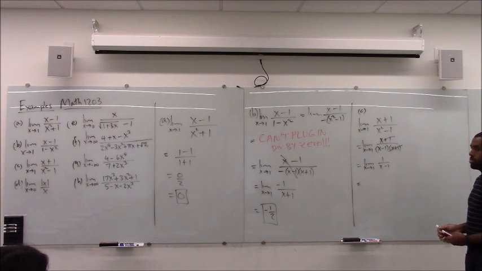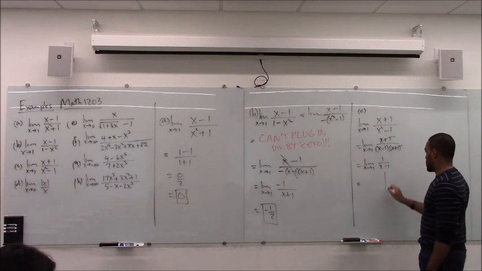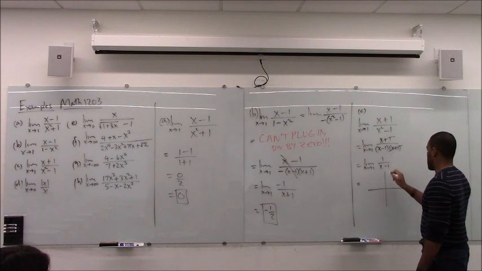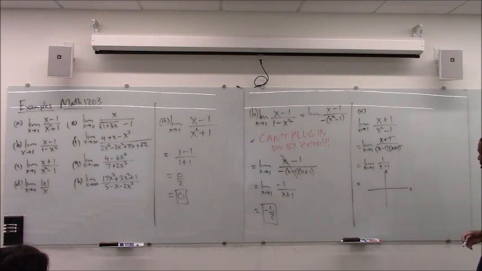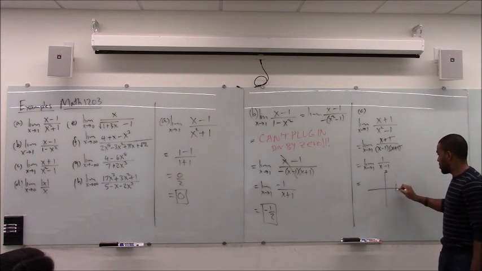Graph it. You can't plug in 1, so what do you do now? Graph it. Okay, what does the graph look like? There's a hole at x equals 1. Yeah? There's a vertical asymptote at x equals 1.